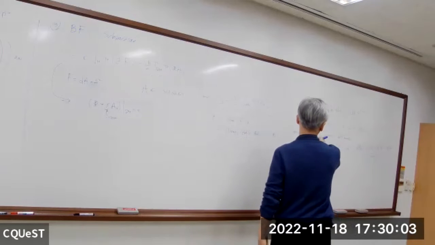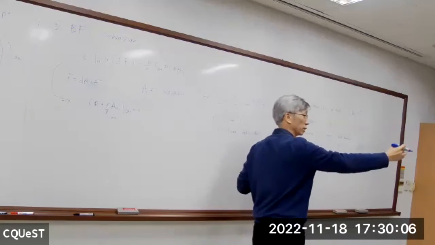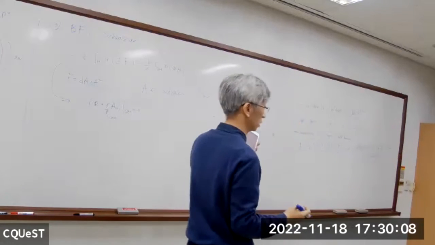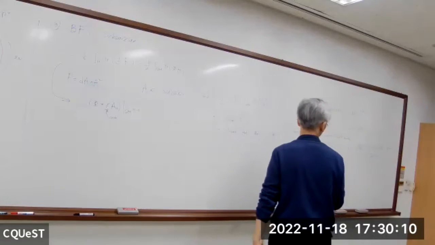So zero temperature means beta equals infinity. If the AdS boundary is infinite, then it's zero temperature. But if it's compact, then it's not.